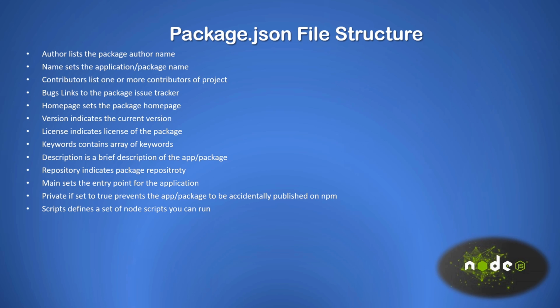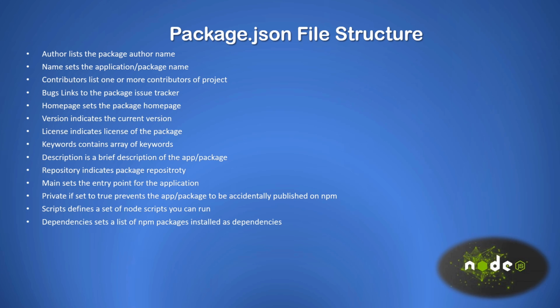You don't want to run everything by hand from your command prompt. Instead, you give a long line of script in your package.json, and you can call a small script name to run it in your command prompt. I'll explain all this in detail in the later sections.